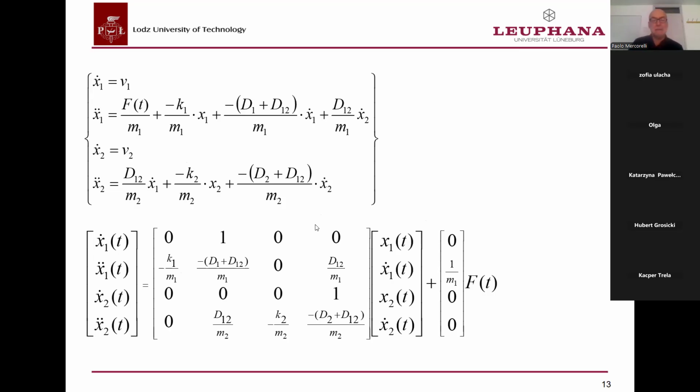This is a typical representation of a linear system using matrix and vector. Again, the derivative of the state variables equals the matrix which multiplies the state itself, plus the matrix which multiplies the input.